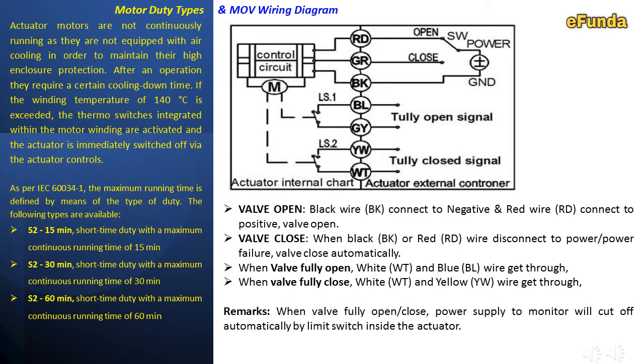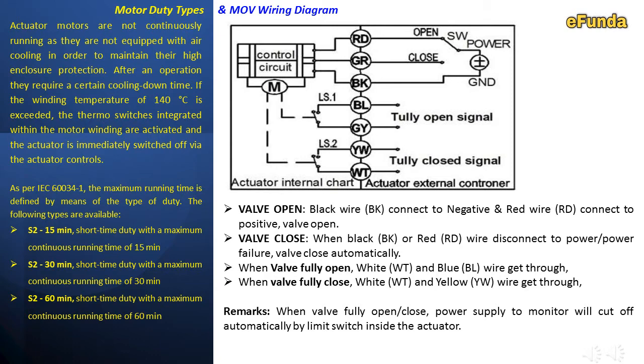These are the typical duty cycles defined for the motor operated actuator motor, and we have to try to meet this requirement so as to get the correct actuated motor.